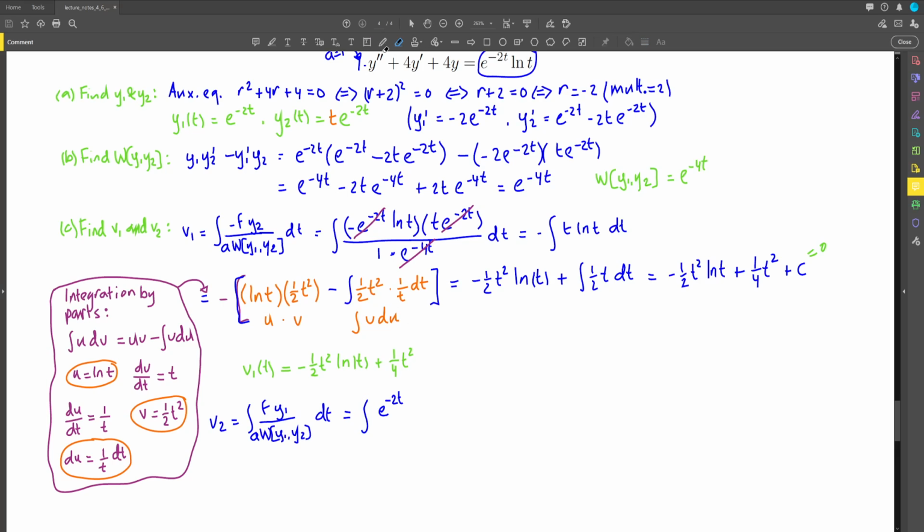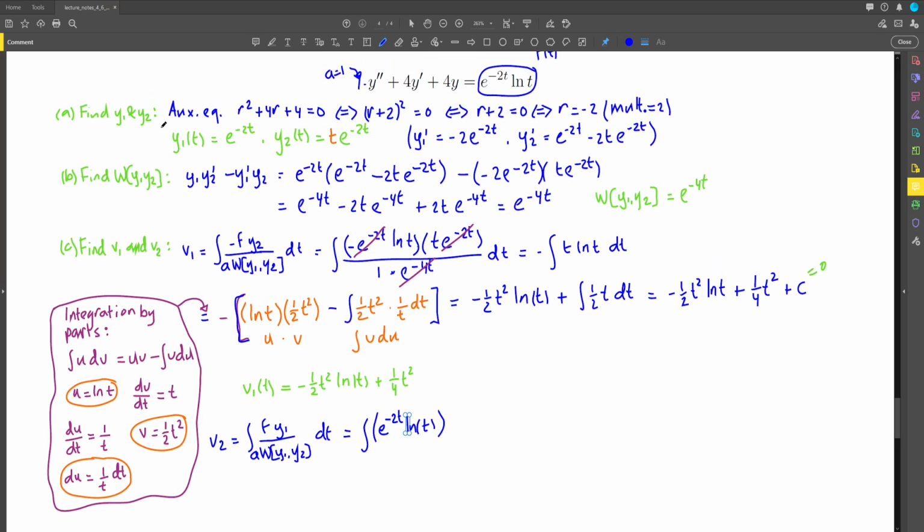So it's equal to e to the power negative 2t ln of t times y1, and let's go up here. y1 is e to the power negative 2t, and all of this over 1 times e to the power negative 4t dt.